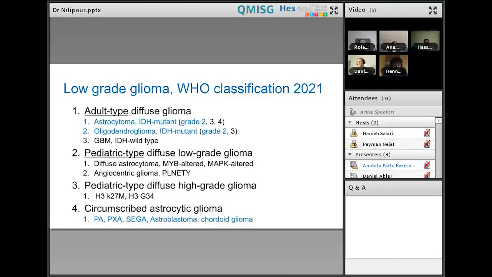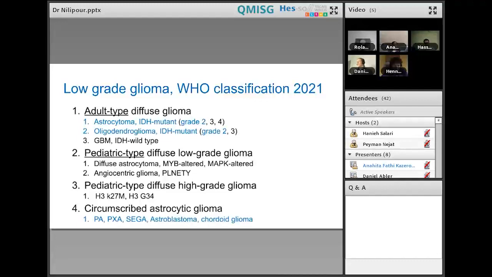These 2 have special grading in their own group. For example, we can have astrocytoma IDH mutant grade 2, 3, or 4, and oligodendroglioma grade 2 or 3. So if we are talking about low-grade diffuse glioma, we are talking about astrocytoma grade 2 or oligodendroglioma grade 2.